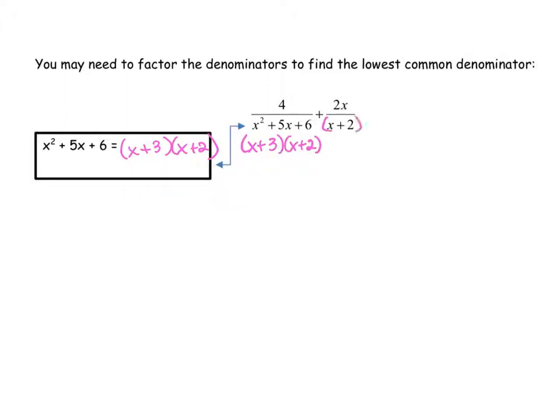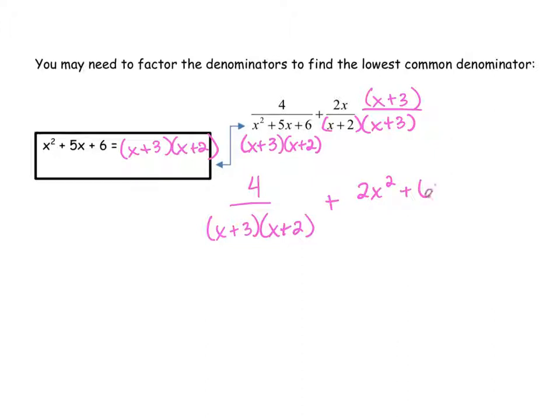There's already a factor of x plus 2 for 2x over x plus 2. What I'm lacking is the x plus 3. So if I want to have that common denominator, I also have to multiply the top by it. So I'm going to leave the first one as just 4 over x plus 3 times x plus 2, plus 2x squared plus 6x over x plus 3 times x plus 2.